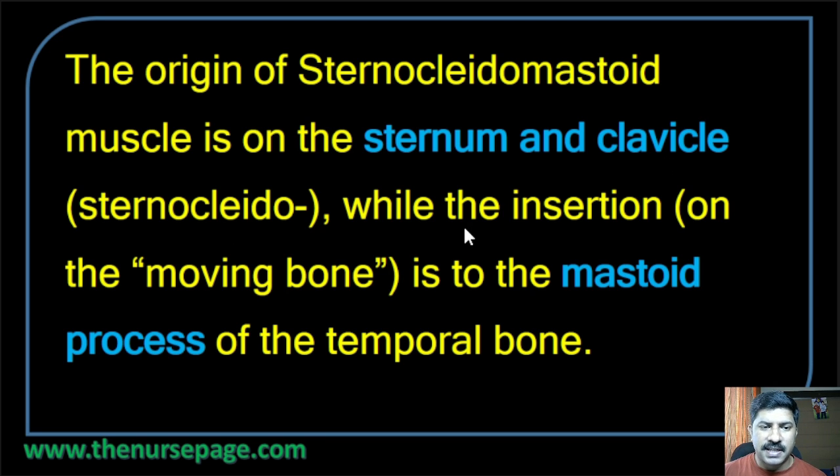And the insertion site is the mastoid process of the temporal bone. That is why its full name is sternocleidomastoid muscle. Origin is from the sternum and the clavicle, that is why sternocleido, and insertion is the mastoid process of the temporal bone, that is why the full name is sternocleidomastoid muscle.